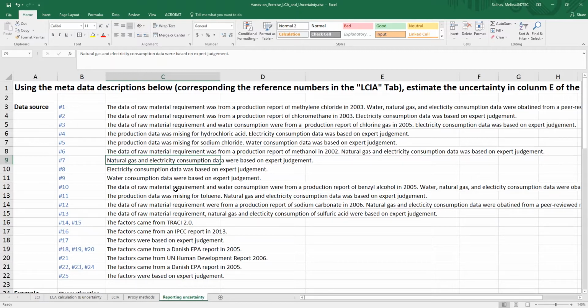And obviously, the quality of that expert judgment depends very much on the quality of the expert that the judgment is coming from. Unless there is a written document on the expert judgment, it may not be possible to really use the rationale as the basis of the quality.